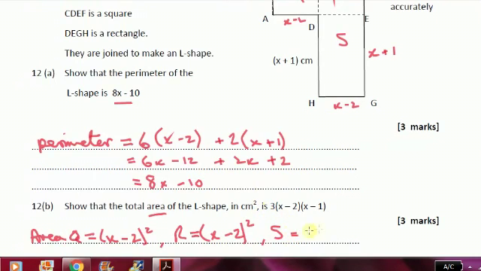So let's write those in as two brackets, x plus 1 times x minus 2.